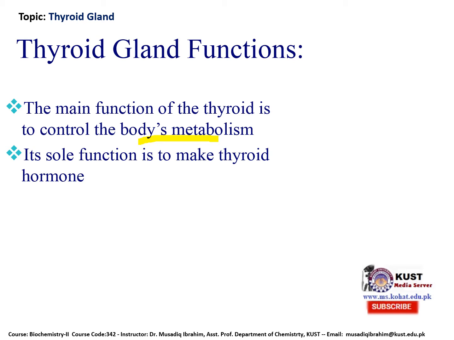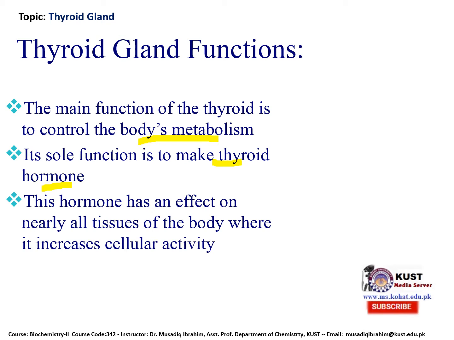Now the only function that is performed by the thyroid gland is to synthesize the hormone, and that hormone is then performing the necessary functions required for the human body.